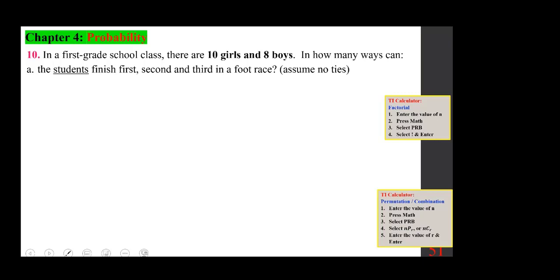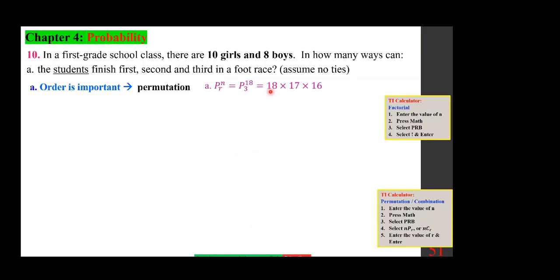In how many ways can the students, so generally speaking, we have how many? N is 10 plus 8, 18 students. Because we are looking at first, second, and third, order is important, becomes a permutation. So permutation of 18, choose 3.